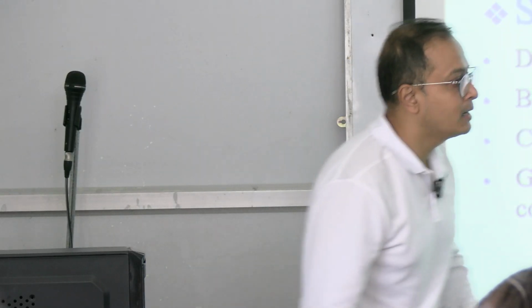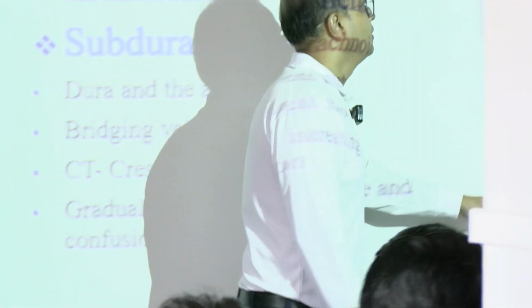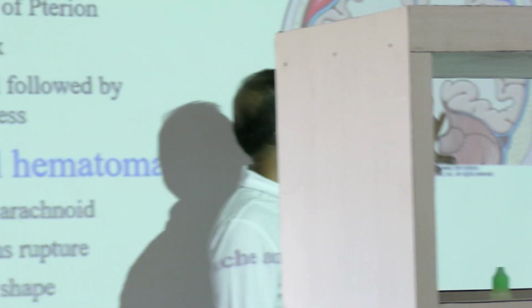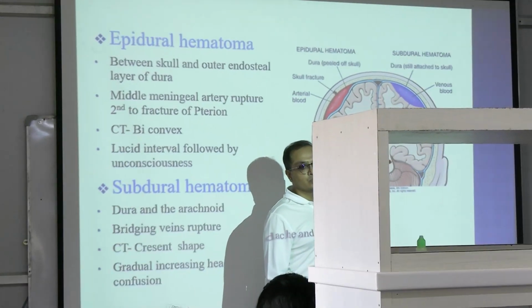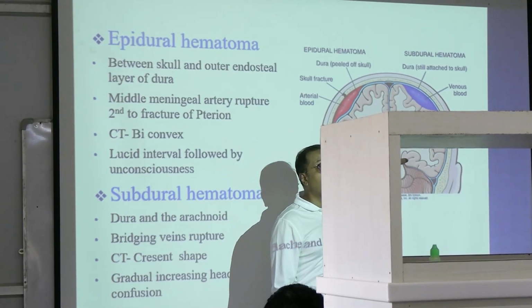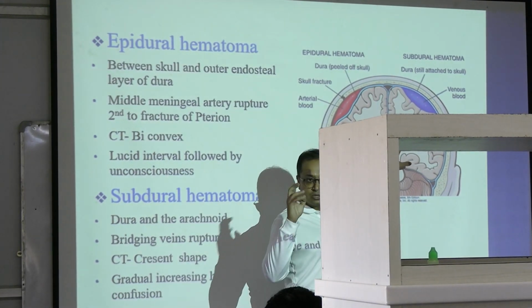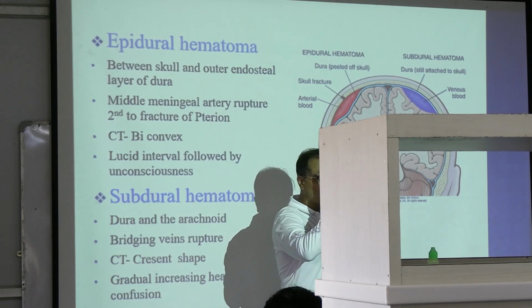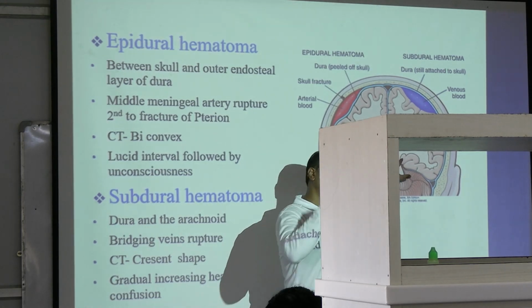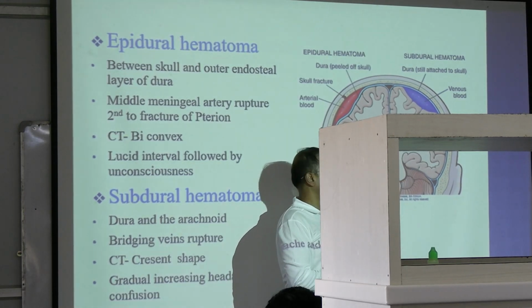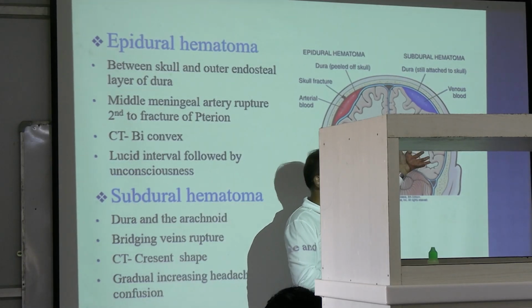Apart from that, another kind of bleeding can happen. We have the arteries supplying the brain: the anterior cerebral artery, middle cerebral artery, and posterior cerebral artery, branches from the circle of Willis. If they rupture, they can lead to blood collections.